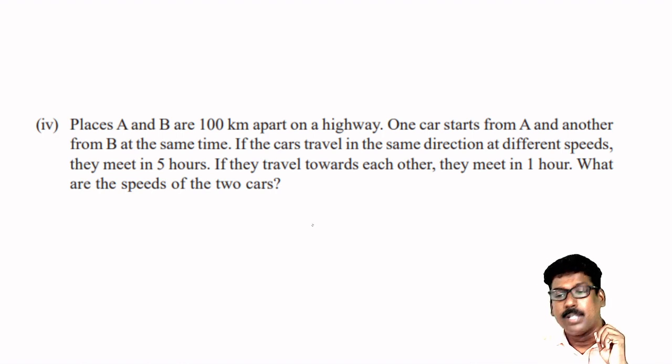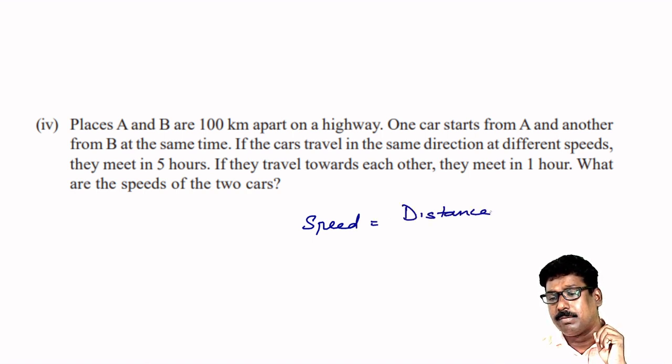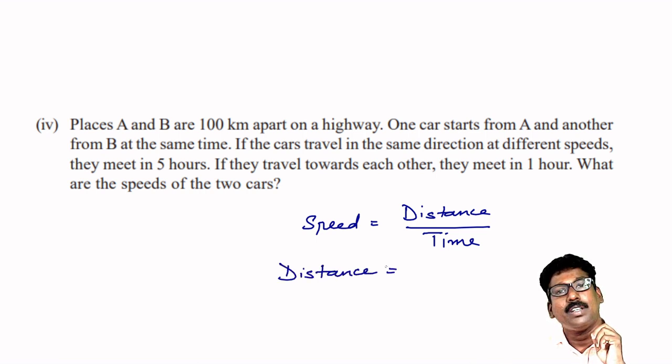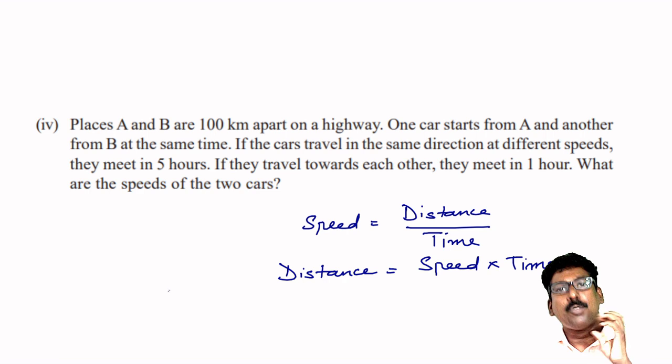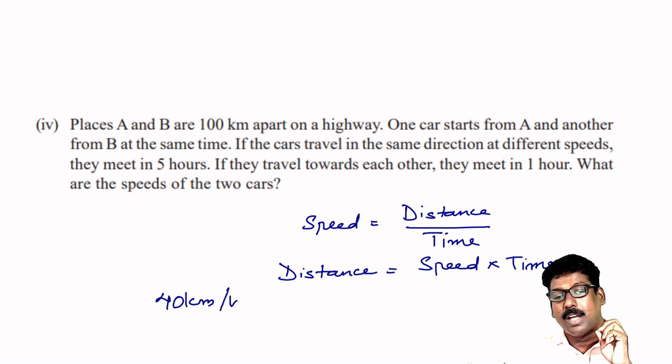You already know, speed is equal to distance traveled by time. If it is so, what is distance? Yes, it is speed into time. Suppose a car is moving with 40 kilometer per hour.